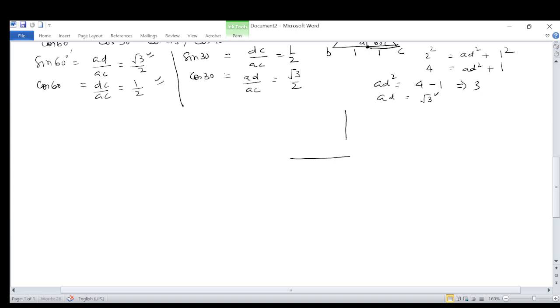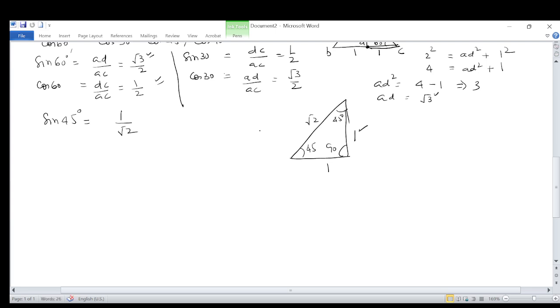Draw a triangle where both angles are 45, both sides are 1, and this is 90. Again using the Pythagoras theorem, the hypotenuse becomes under root 2. So sine 45 is equal to 1 upon root 2.